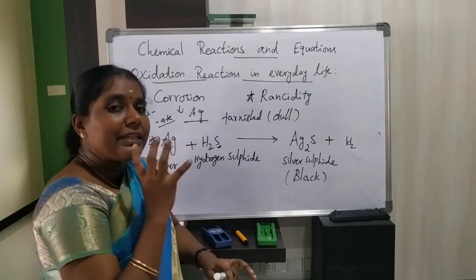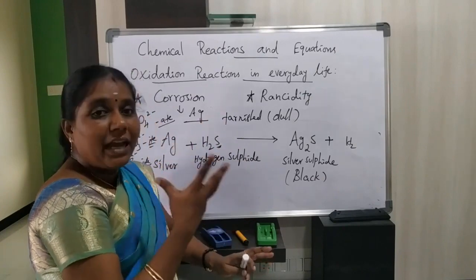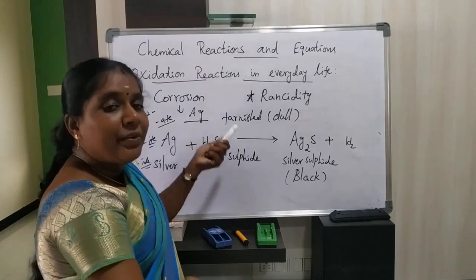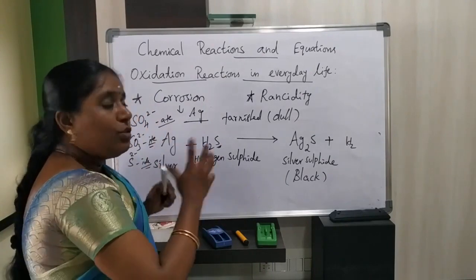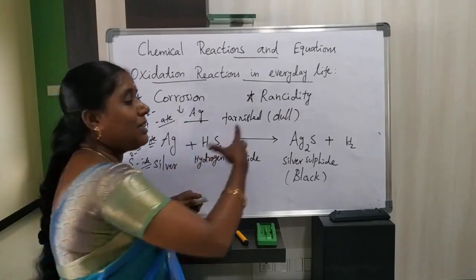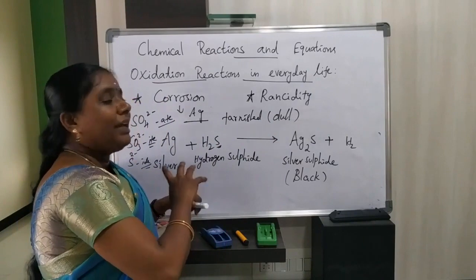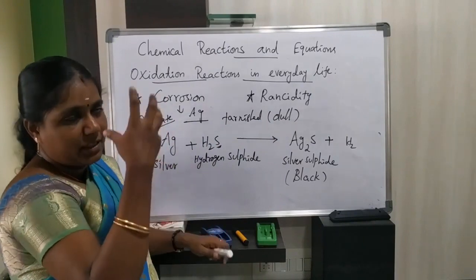Silver metals get tarnished, that is, they become dull, due to the reaction with hydrogen sulfide gas present in air. Silver reacts with hydrogen sulfide present in air to form a black colored substance, silver sulfide. Because of that, it gets corroded and loses its shiny appearance.